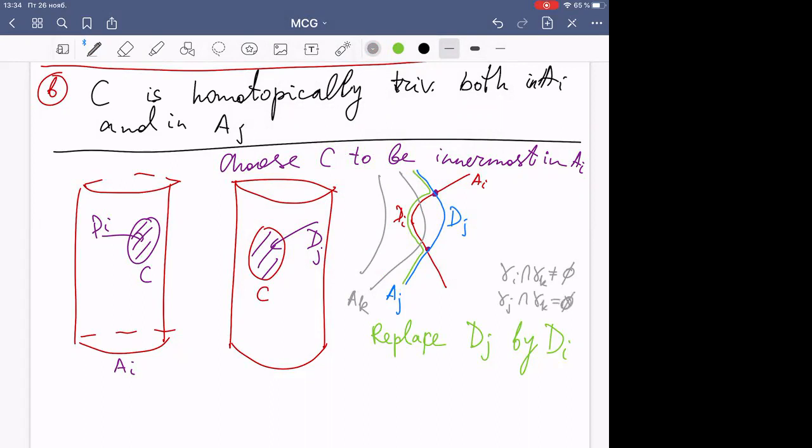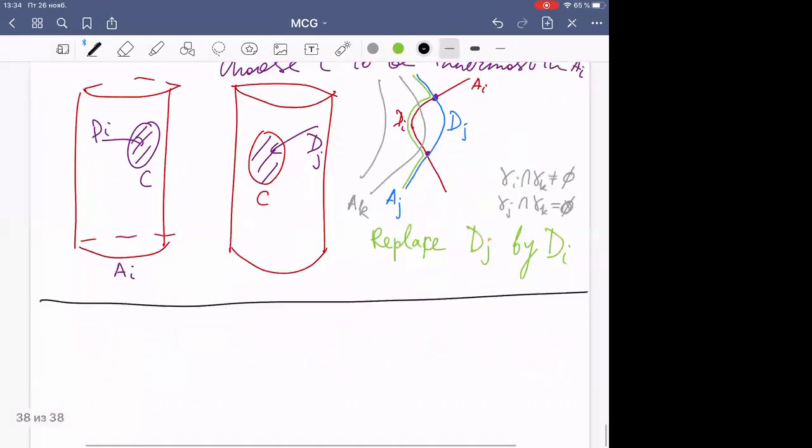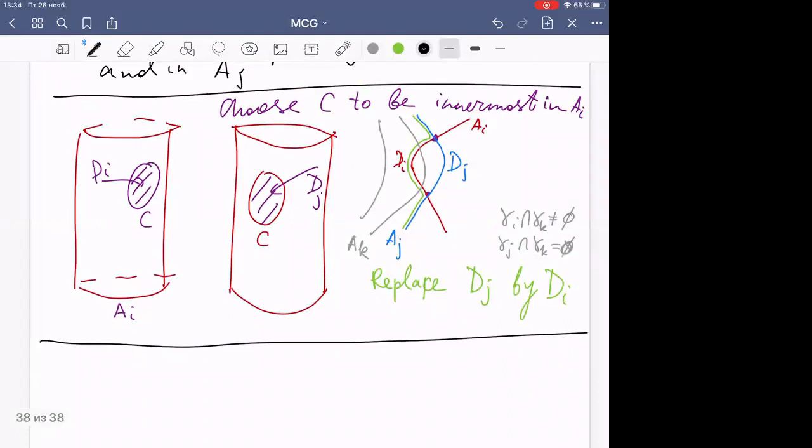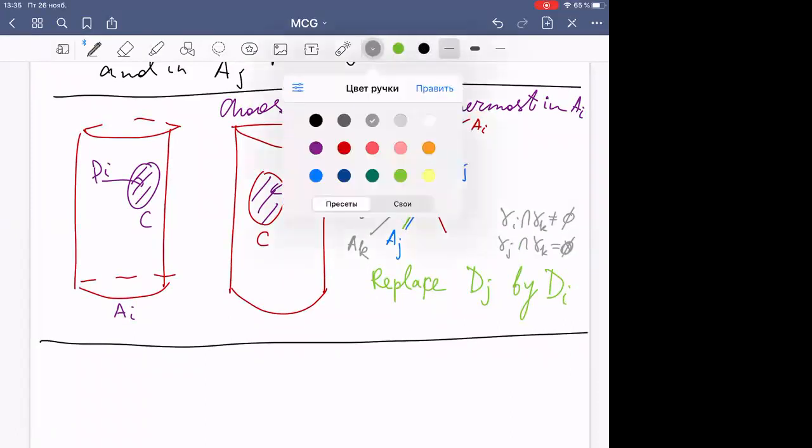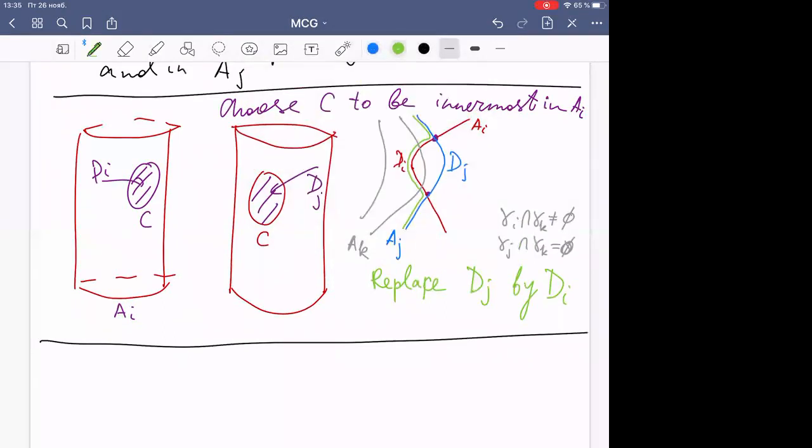So again, we have a problem. I'm sorry, I do not know how to solve this problem immediately. But okay, here there are some ideas, and it is a big question whether they work or not.